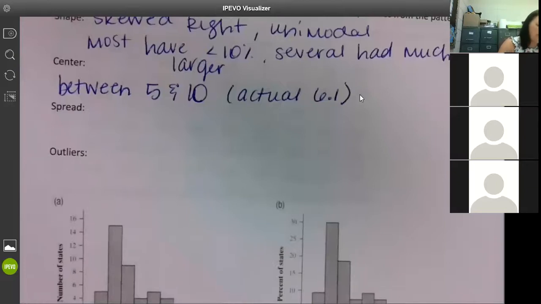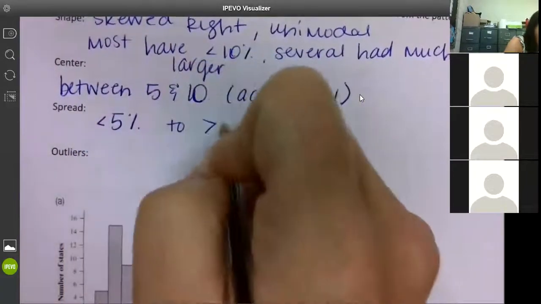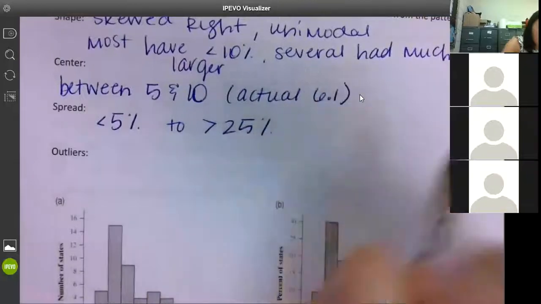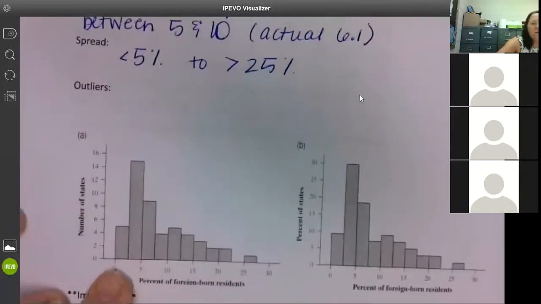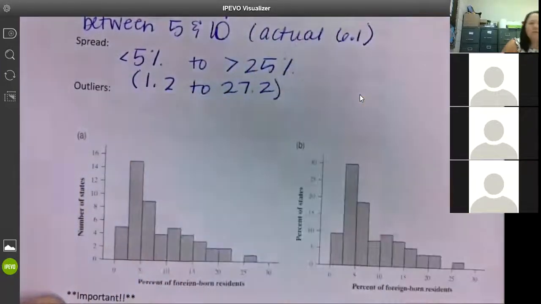All right. So the spread is less than 5% to greater than 25%. So less than 5%, we don't know if it's 0. They're obviously not 0, but we know it's less than 5. And we know it's greater than 25 because this is on the other side of the 25. Okay. If you're looking at the table, the actual values are 1.2 to 27.2.